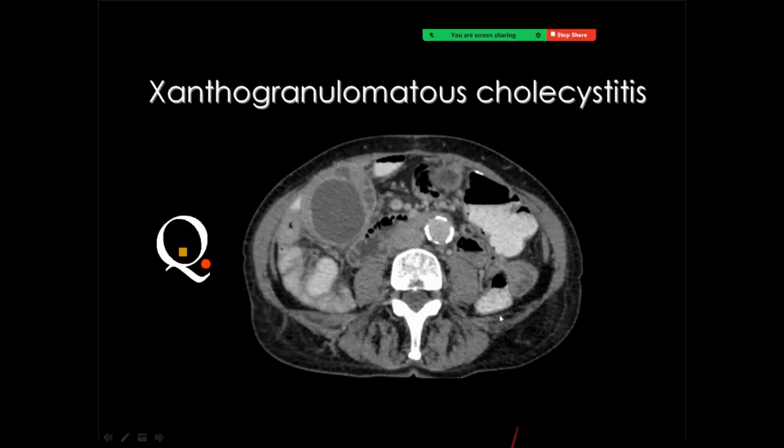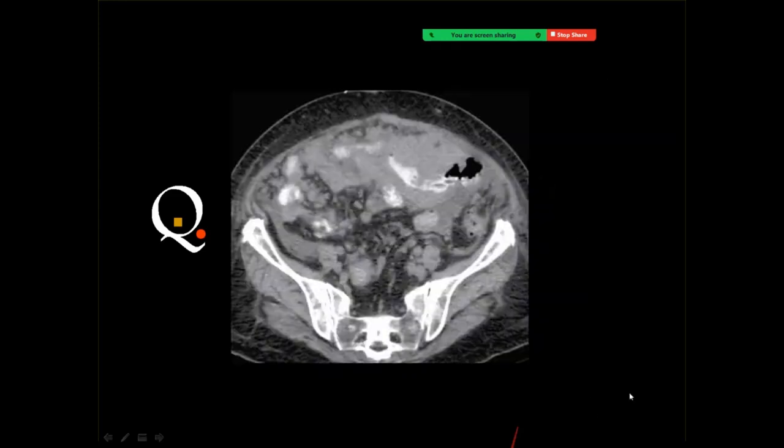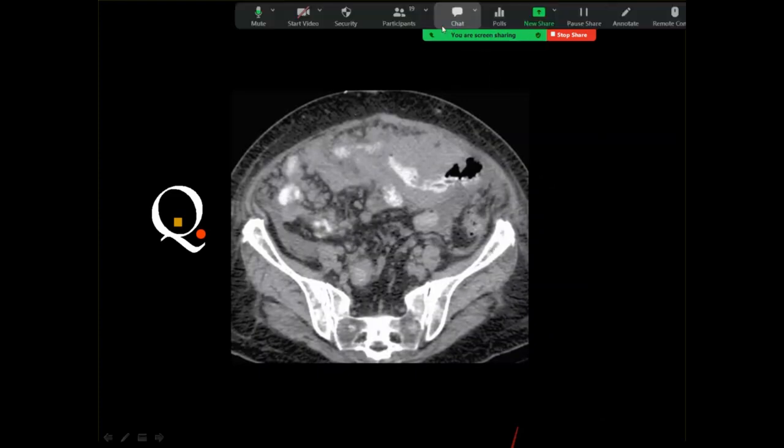The pancreas is not included in this section, and this is a small bowel. And this part of the colon, of course, is filled by gastrografin. These are the mesenteric vessels which appear prominent. Next case is a scan obtained after intravenous and oral contrast administration.